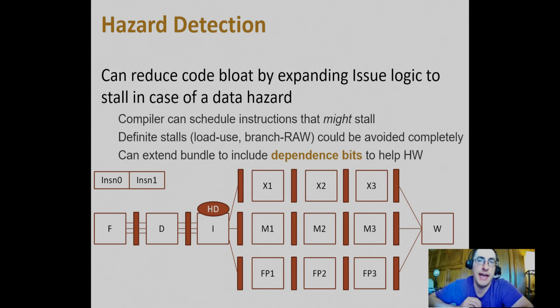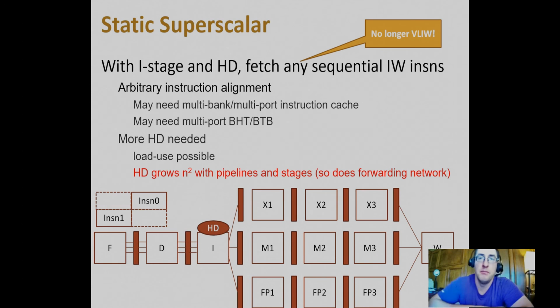And the compiler could add some hints to the bundle to help the hardware do hazard detection. All of this has been explored before. That's the extent to which I really want to talk about it today. But at this point, with issue stage and hazard detection logic, we have the ability to fetch any sequential batch of the instruction window number of instructions, whether that's 2 in our example or 4 or whatever.